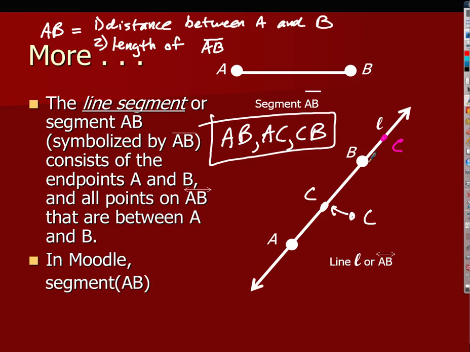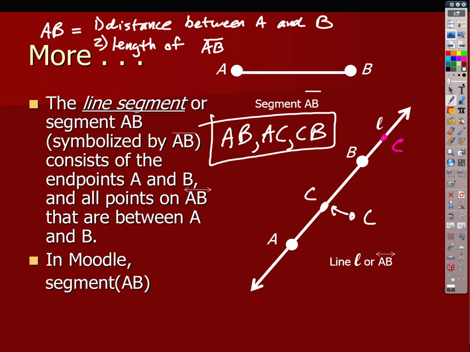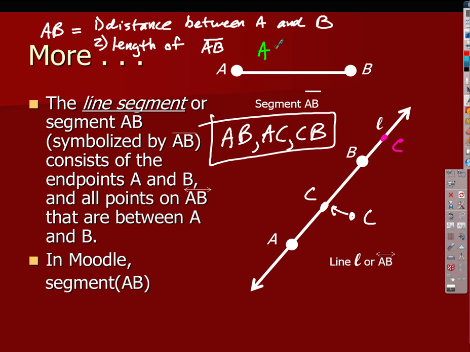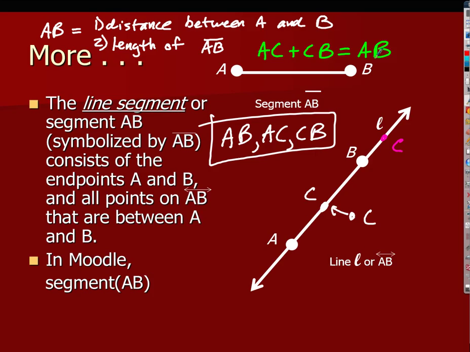AB, that makes sense, doesn't it, right? So the other thing we could say, so C's got to be on the line, but if this is true, if, I'm running out of real estate here, if AC plus CB equals AB, then doesn't that also tell us for sure that C has to be in between these two endpoints?